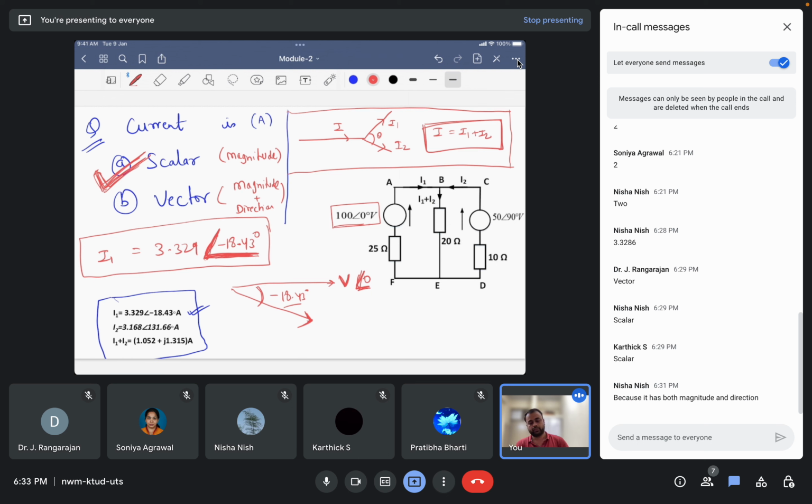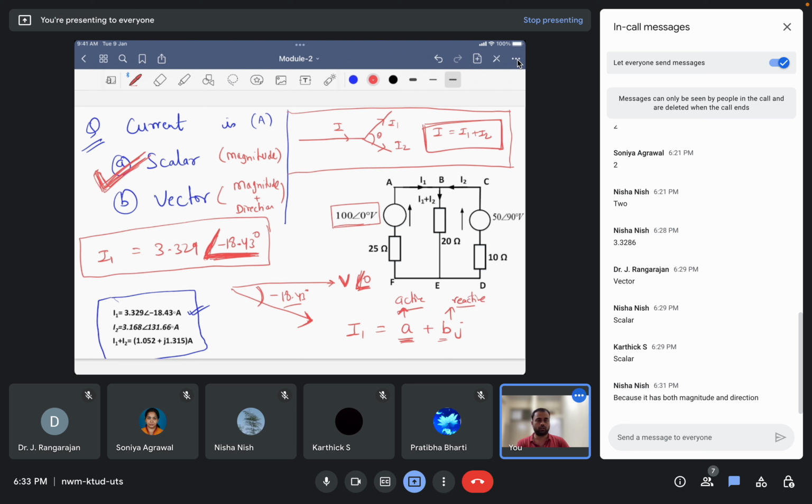So we can write this current again in the j form, that is a complex number, so that I1 will be some value A plus Bj. Here A will give us the active power component and B will give us the reactive power component.